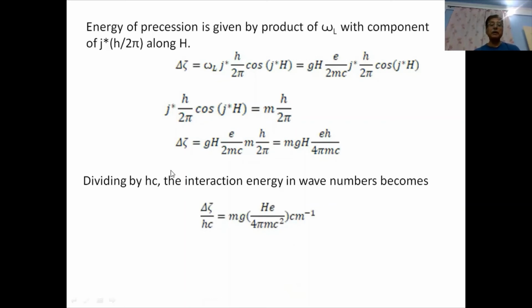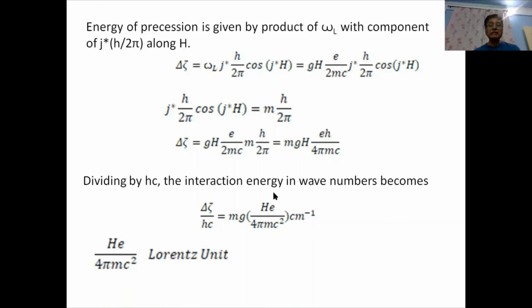You can see from here we have divided by hc so that the interaction energy gets converted to wave number. So we have brought hc, we have divided over here. So this becomes c², and we had h, so that gets cancelled. So Δτ by hc, the interaction energy in wave numbers, is given by M G H e by 4π mc² per centimeter, because we have converted that to wave number.